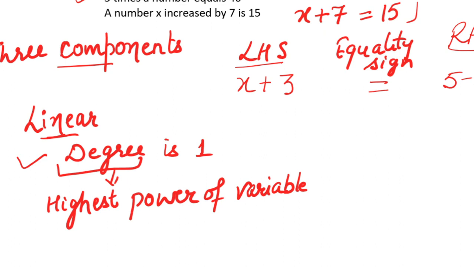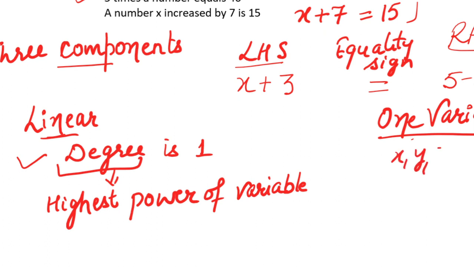Next, what is one variable? One variable means the equation must have only one variable, or in simple words only one English alphabet, x, y, z, a, b, c and so on.